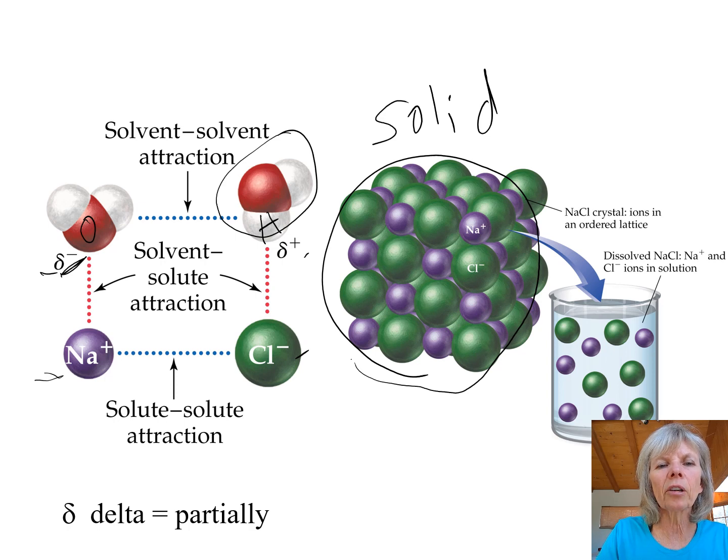When the water attacks it with its slight negative and slight positives, pulling the opposites apart, it ends up making my sodium ions and my chloride ions separated from each other. So you end up in your solution having these chloride ions and sodium ions. The ions separate. That's basically how water dissolves it.